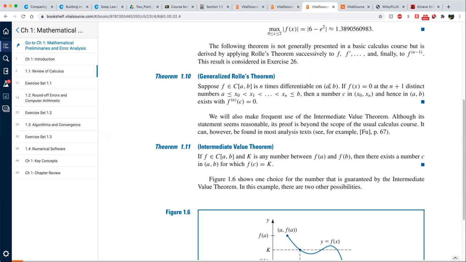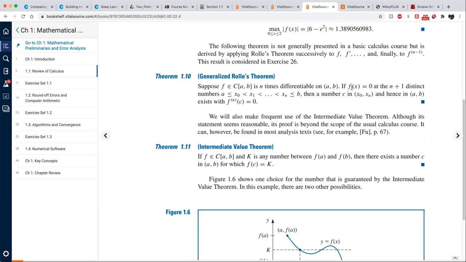N times differentiable means the derivative of f is also differentiable, the second derivative of f is also differentiable. It means that we can find the nth derivative of f.